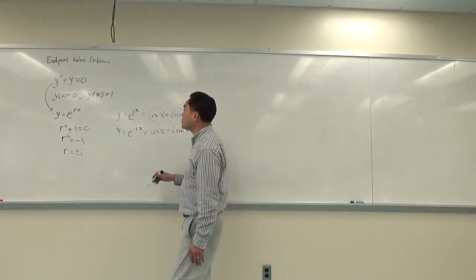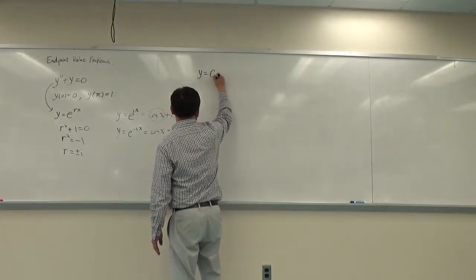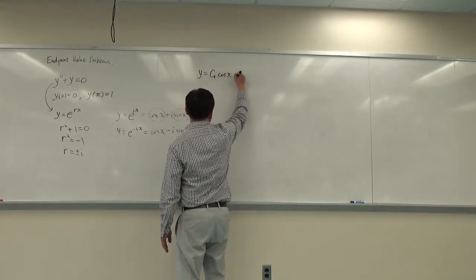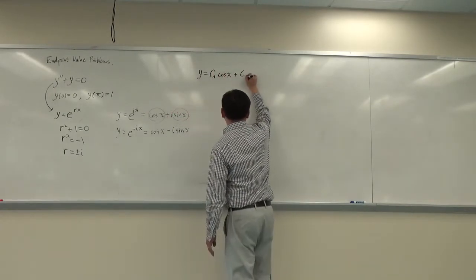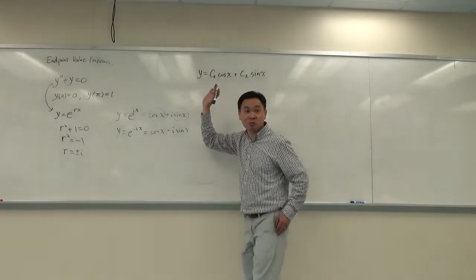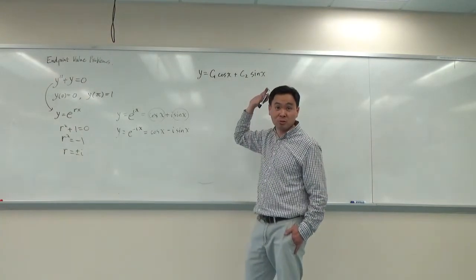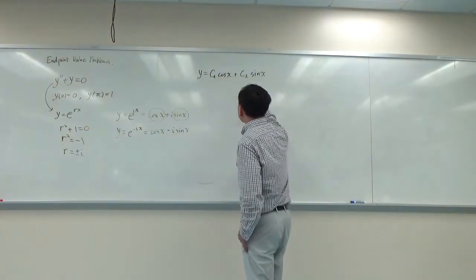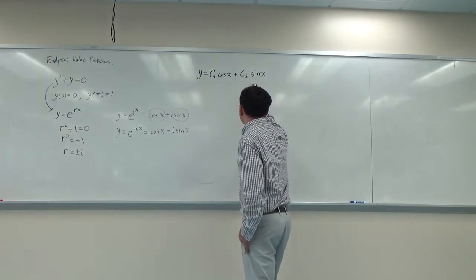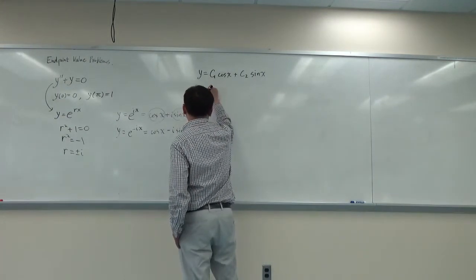All right, so with that, I get that the solution looks like y equals c1 times cosine x plus c2 times sine x, because I'm taking a linear combination of the two functions I got. I'm taking the superposition of the two solutions. And then now you have to apply the conditions, right? What's y of 0?